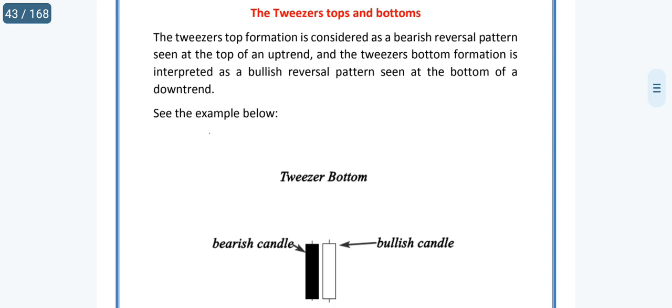Tweezer top formation is considered a bearish one, and it is seen at the top of an uptrend, while the tweezer bottoms formation is interpreted as a bullish reversal pattern seen at the bottom of a downtrend.